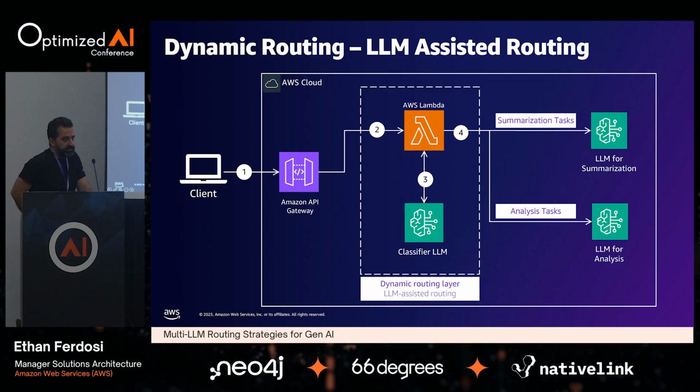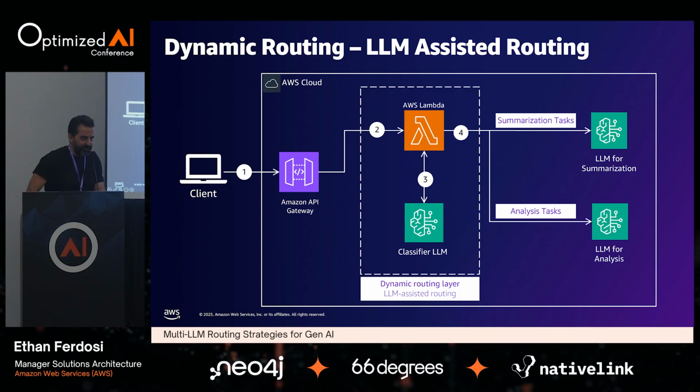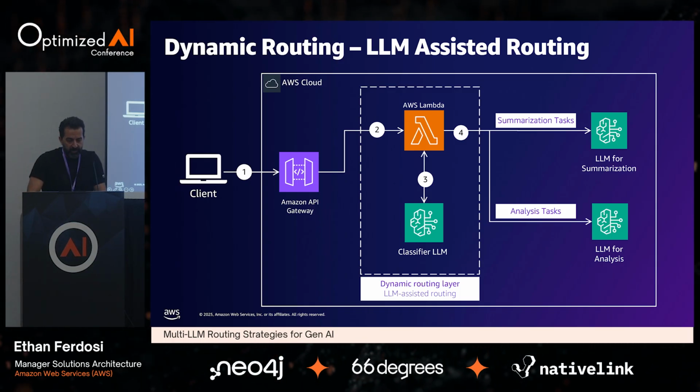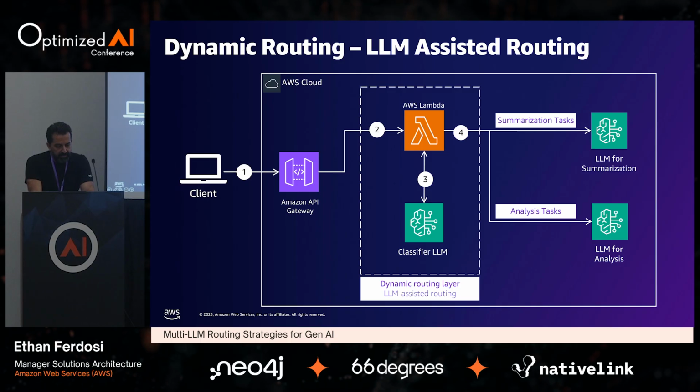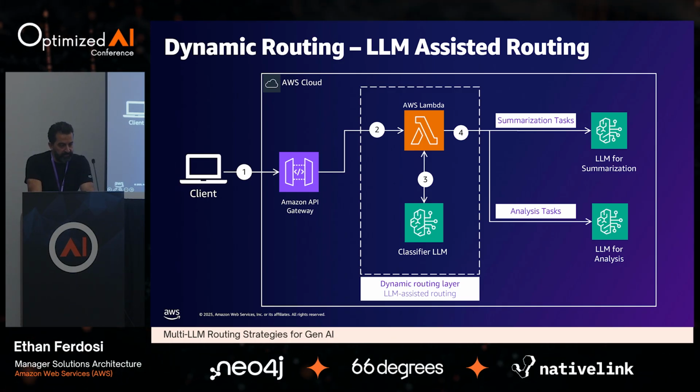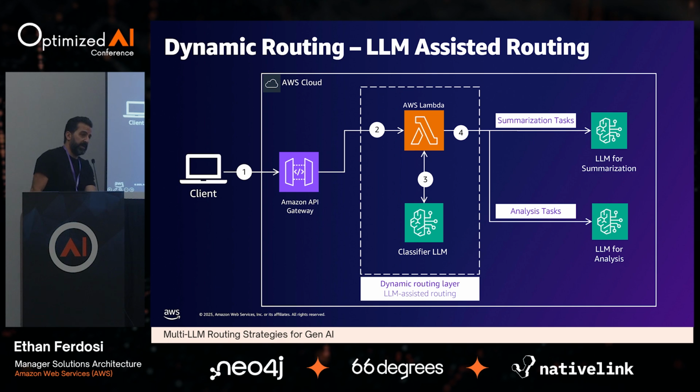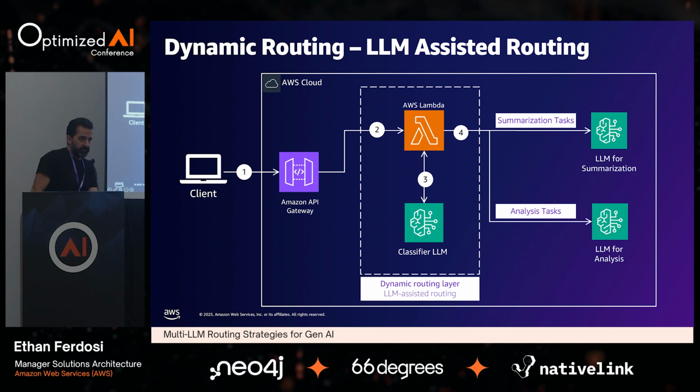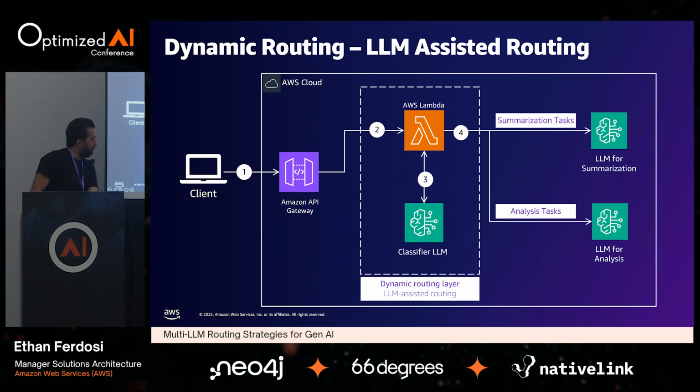Obviously, there are more components on the screen, so that requires more work to build it. But like any other architecture, there are benefits to it. Additional cost is one of the disadvantages because you have an extra LLM, you have extra requests sent to your model that need to be processed.